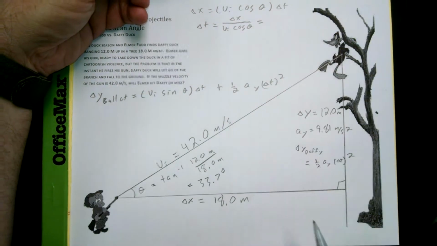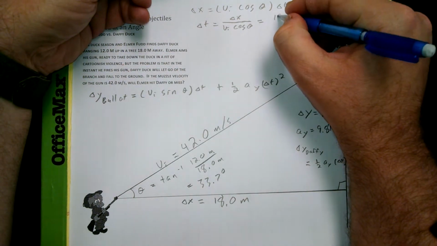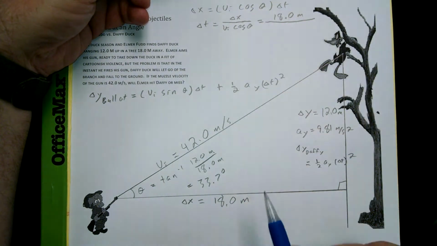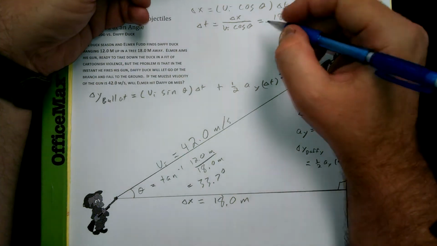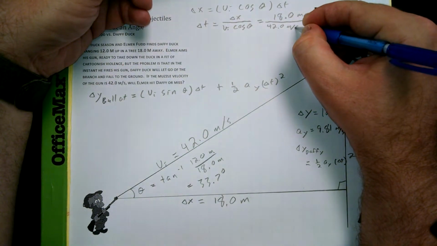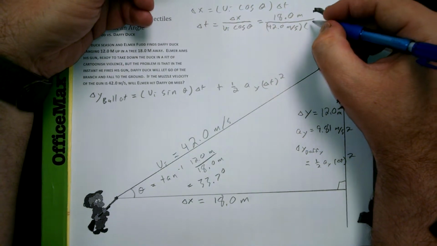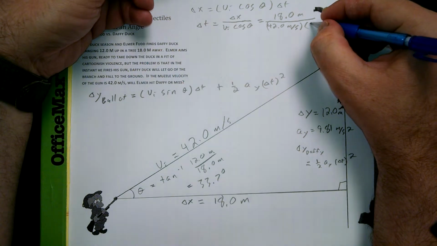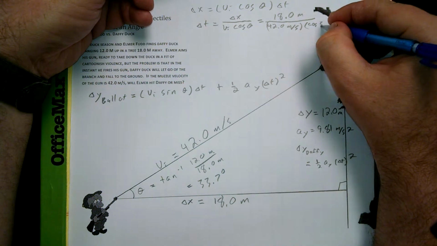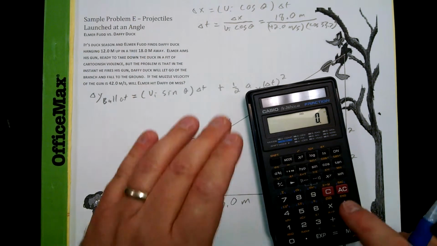Okay, let's go ahead and plug the numbers in. We know that delta x is equal to 18.0 meters. I'll just plug that in, 18.0 meters, all divided by initial velocity, which is 42.0 meters per second, and multiply all of that by cosine of theta, which is 33.7 degrees. Okay, so we'll go ahead and plug that into the calculator really quick.